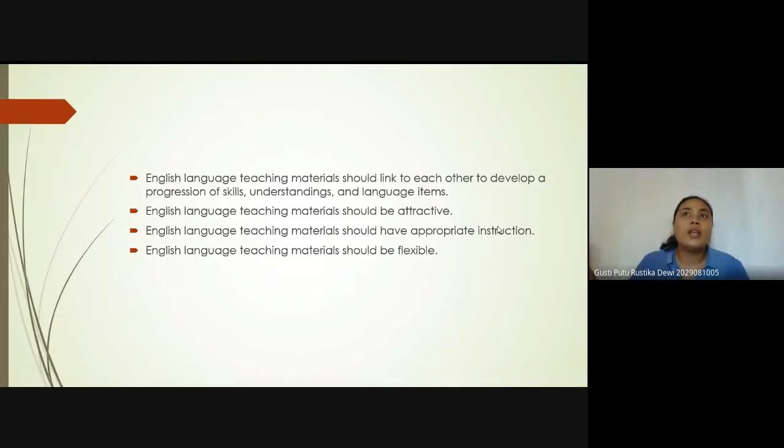So it provides a range of inputs in terms of lesson units. So the teacher can choose which unit or which activities can be implemented in order to achieve certain learning objectives.